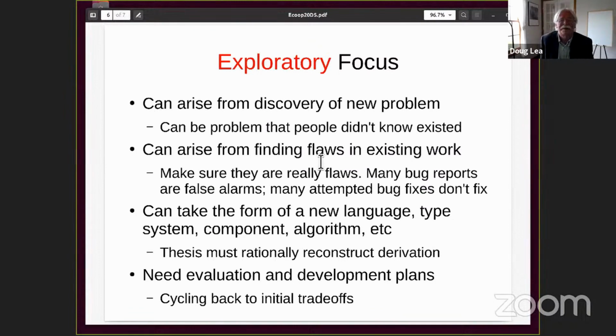So the idea is, if you can componentize an idea, then you can move past it into developing an actual thesis.